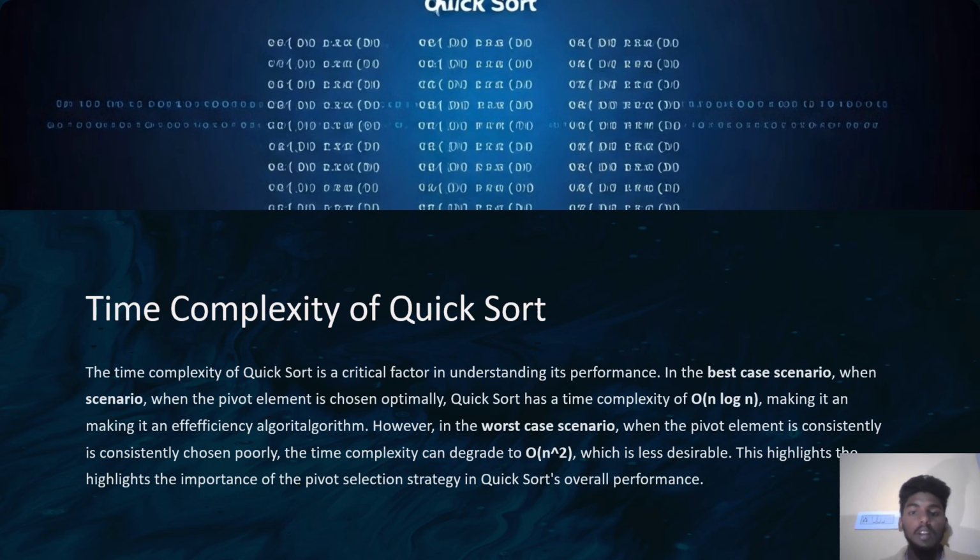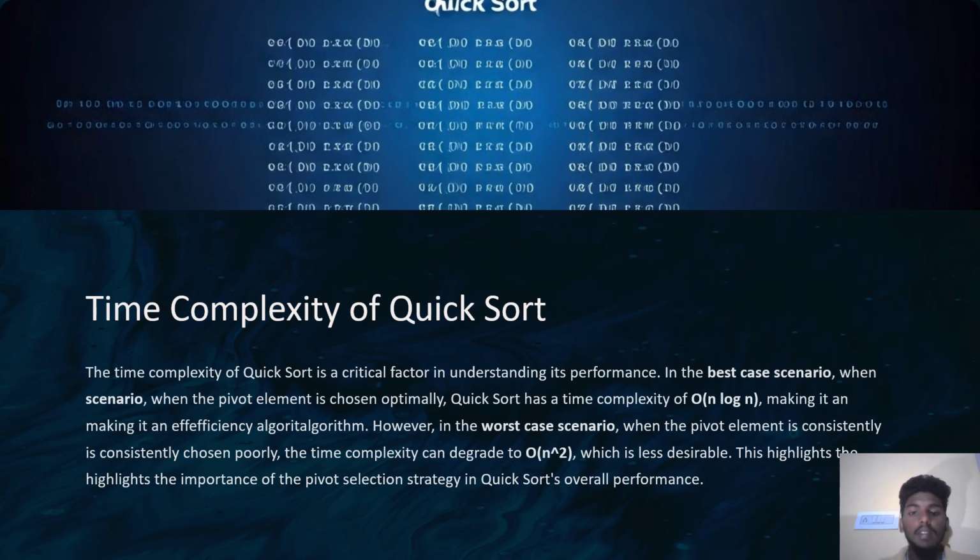Time complexity of Quicksort. The time complexity of Quicksort is a critical factor in understanding its performance. In the best case scenario, when the pivot element is chosen optimally, Quicksort has a time complexity of O(n log n), making it an efficient algorithm.